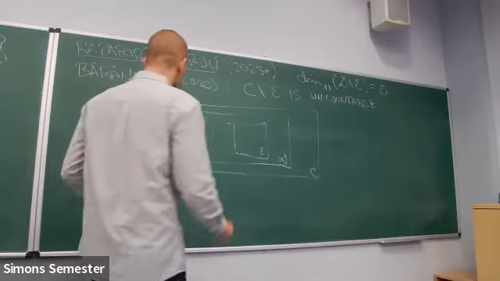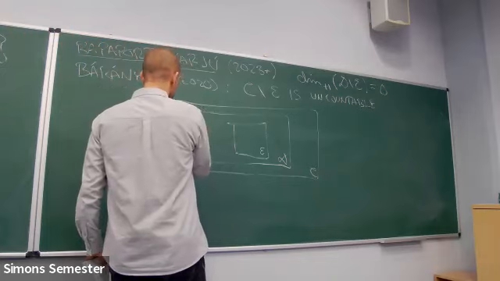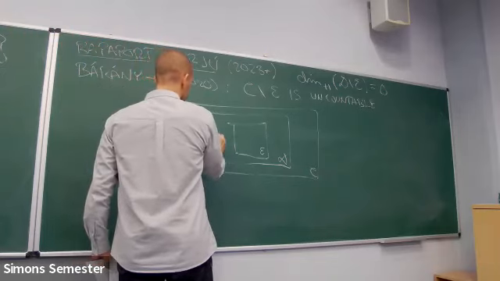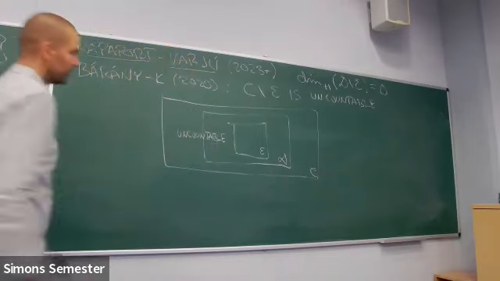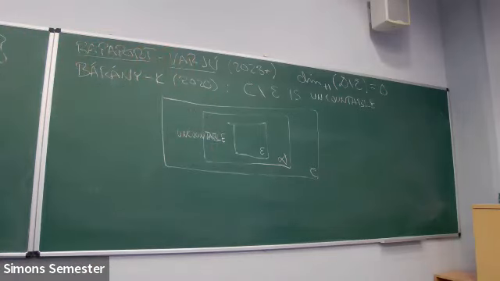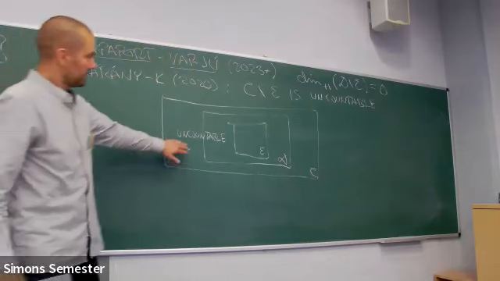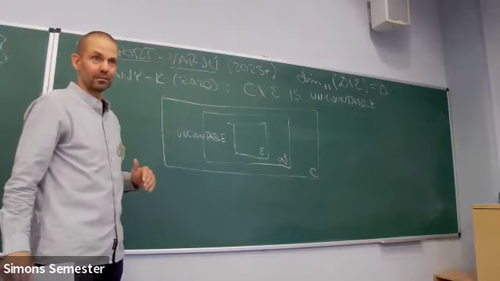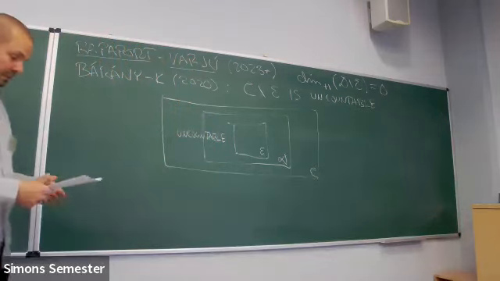And then what we know is that C minus E is uncountable. So basically the union of these two outermost annuli or layers has to be uncountable.